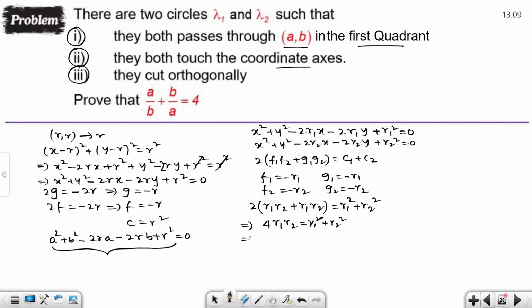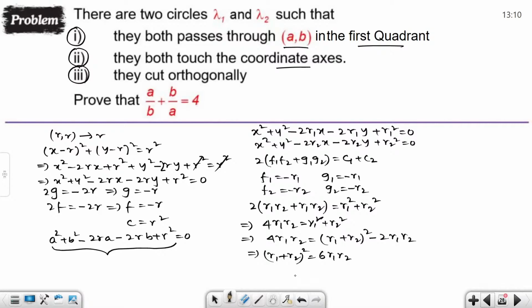If I break this one, it can be written as (r1 plus r2) whole square minus 2 r1 r2. So that implies (r1 plus r2) whole square is basically 6 r1 r2.